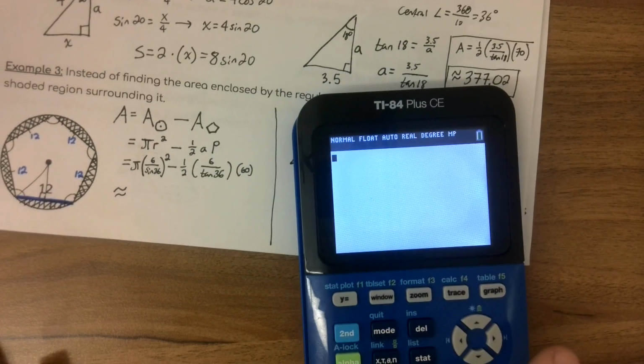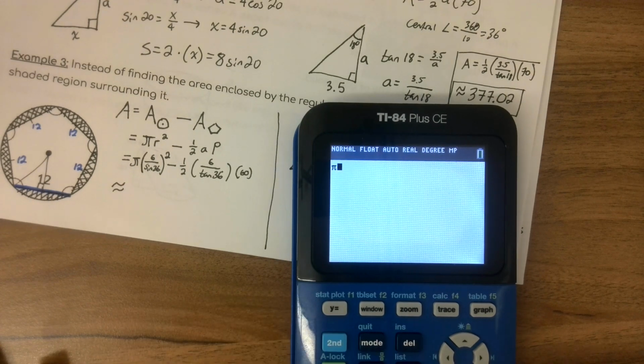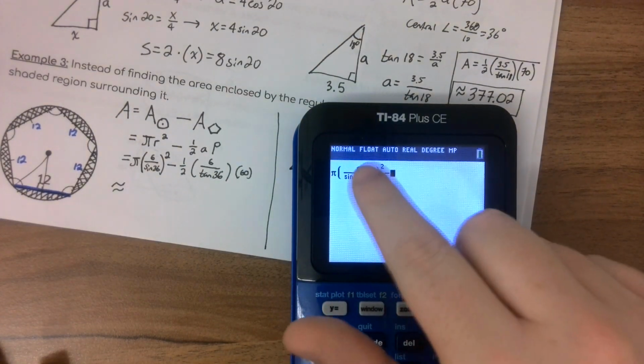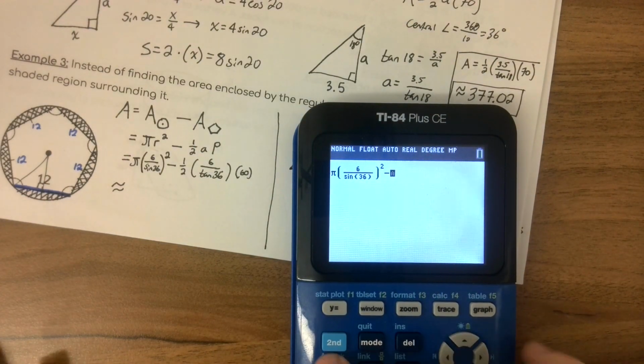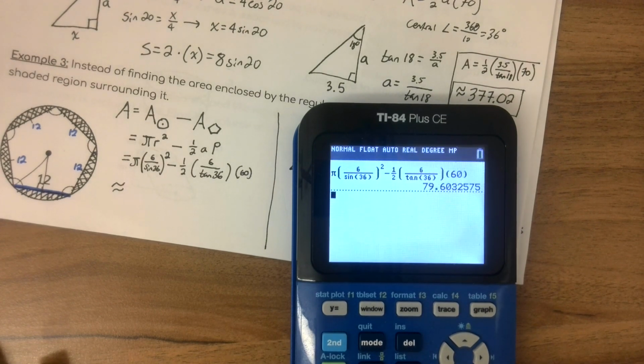Let's do some calculating. You could do this in pieces, but I personally love seeing a problem like this come together. It's such a long formula we've put so much time and effort into, and we can just plug it all in and finish the problem all in one go. So pi times our radius, 6 over sine of 36, squared, minus 1/2 of 6 over the tangent of 36 times our perimeter of 60 gives us 79.60.